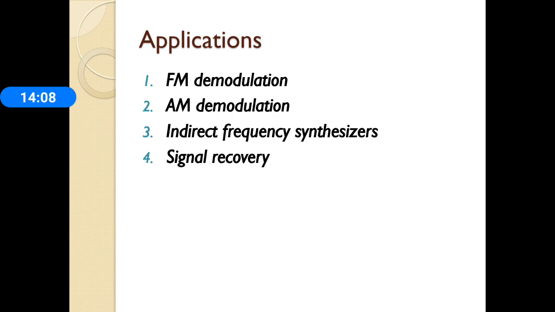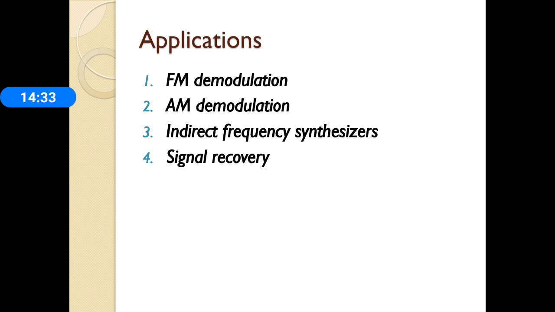So the applications of the PLL: first is FM demodulation, which enables high quality audio to be demodulated from an FM signal. Second is AM demodulation. Using this approach, the PLL locks onto the carrier so that the reference within the receiver can be generated.